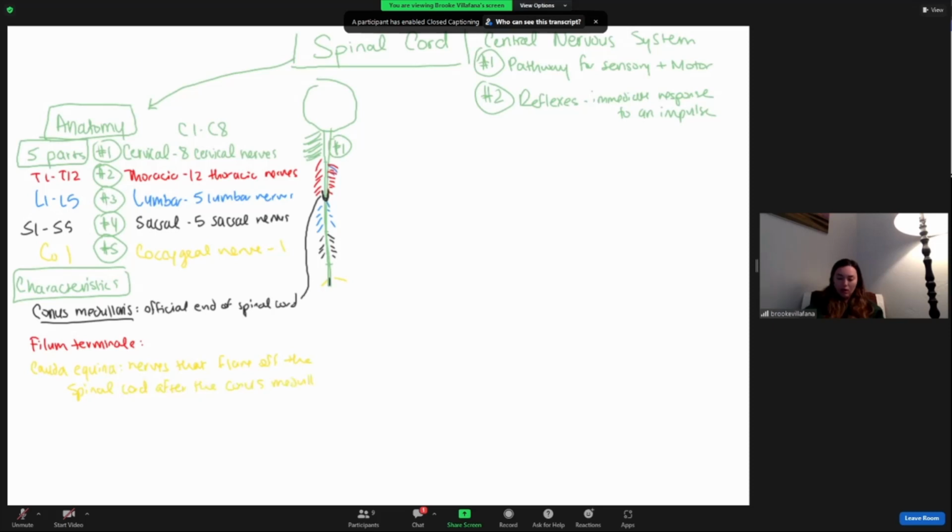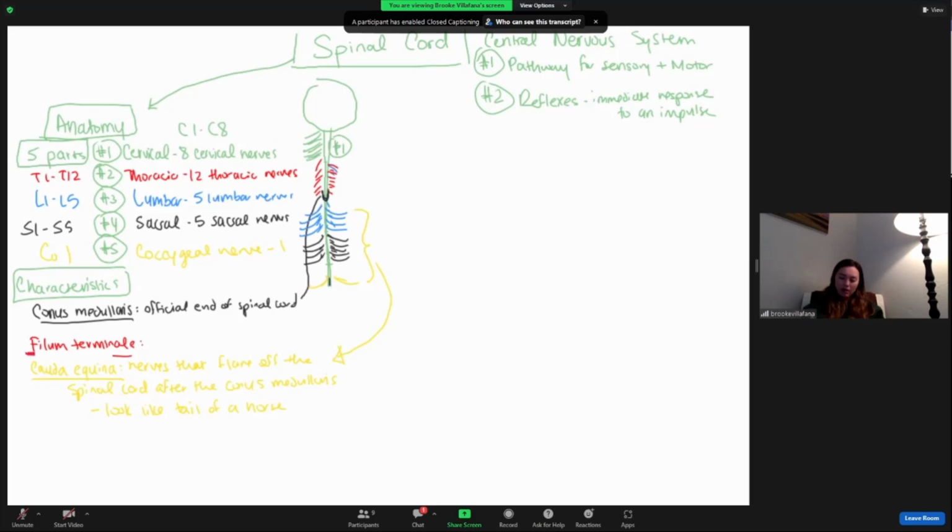And they are called cauda equina because they look like the tail of a horse. Remember, cauda means tail, equina means horse. So it's showing you what I was drawing for you guys. These nerves that come off, the lumbar, sacral, and coccygeal would all be cauda equina nerves that look like the tail of a horse. Does that make sense? So all of these guys right here, cauda equina, nerves that flare off the spinal cord after the conus medullaris.